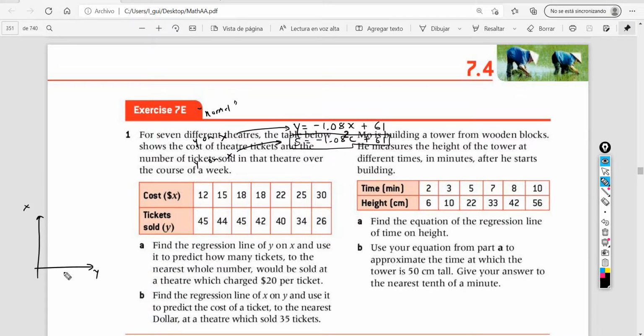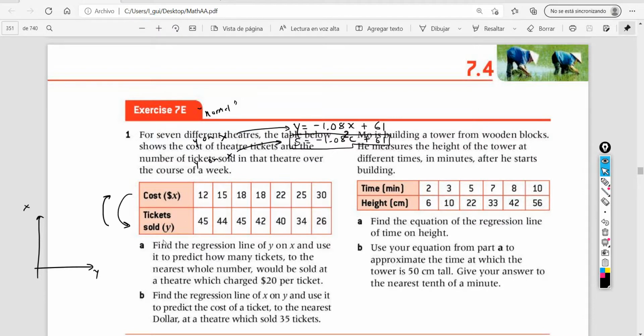Okay, this is the input variable, output variable, independent variable, dependent variable, predictor variable, predicted variable. You see, so it's basically just a change of perspective. Now instead of going from here to here, we're going from here to here, and that's all you need to understand.